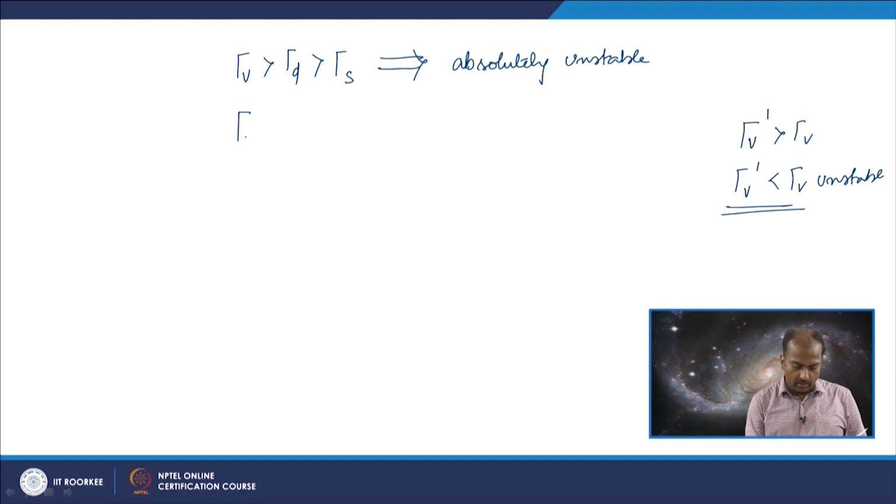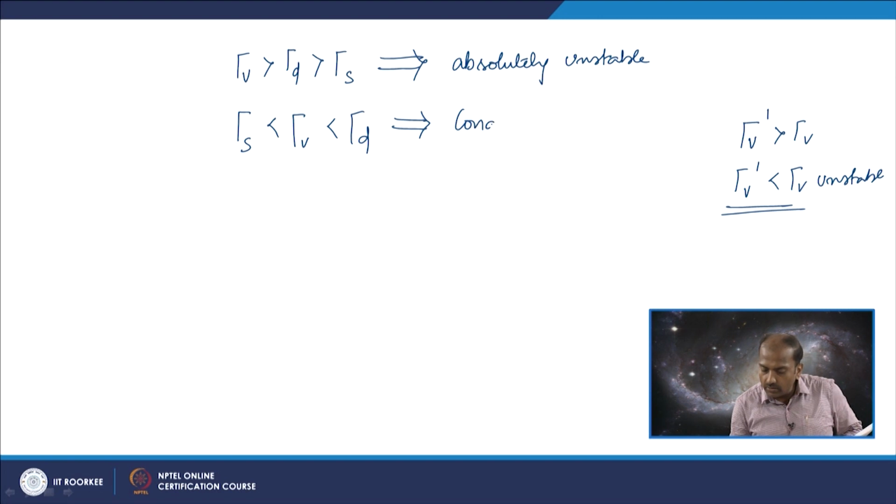The second condition is if gamma s, the saturated adiabatic lapse rate, is less than gamma v, which is less than gamma d. This condition results in what is called conditionally stable. What does it mean? Gamma v is less than gamma d.